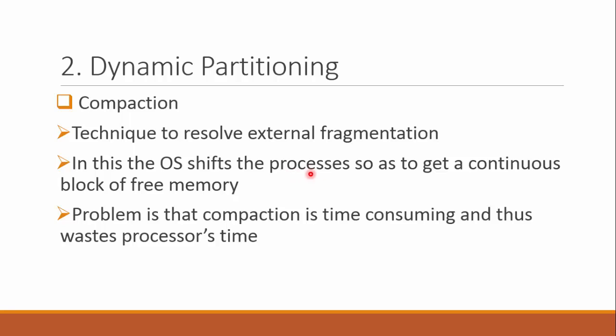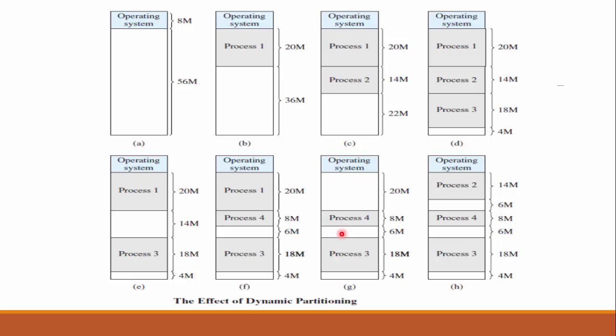So yeah, in this the OS shifts the processes to get a continuous block of memory. But yeah, the problem is that compaction is time consuming and this wastes the processor's time. So we can't be performing compaction again and again. See, we need to perform this to get free space here.